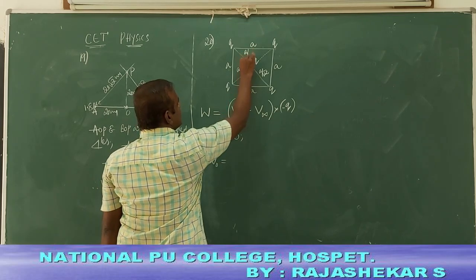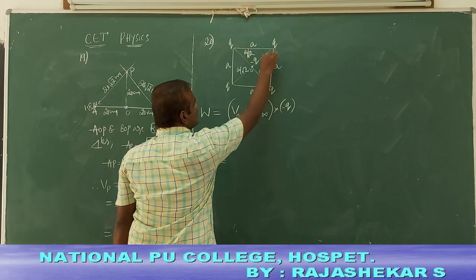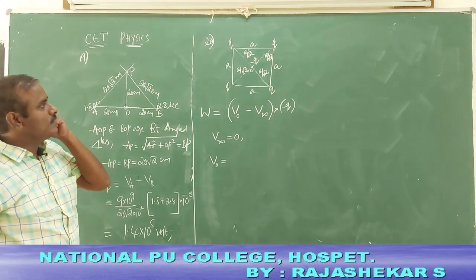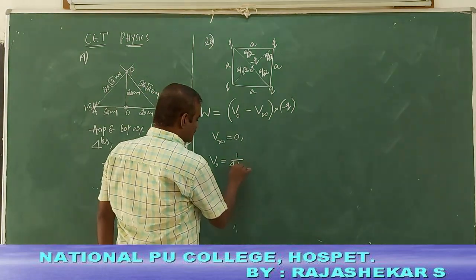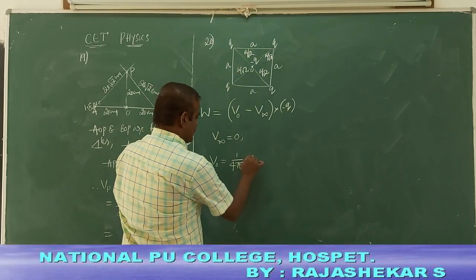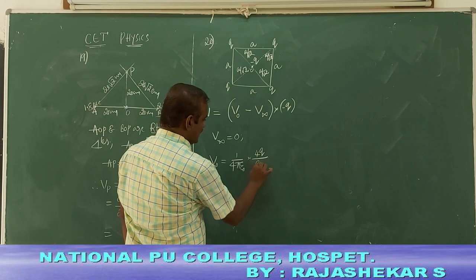This is a by root 2. I hope you understand this, students. Distance from the corner to the center of the square of side A will be a by root 2. This is 1 by 4 pi epsilon naught, and all the 4 charges are identical. Hence 4q divided by distance a by root 2. This is simple.